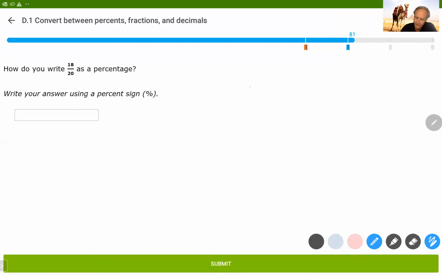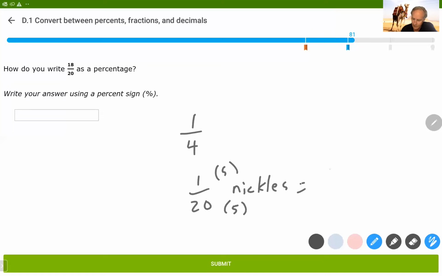18/20. I like 20ths, and I think of them as nickels. Just like I think of fourths as quarters, I think of 20ths as nickels. Because when you multiply by 5, you get 5 hundredths, which is 5 cents for every 20th.